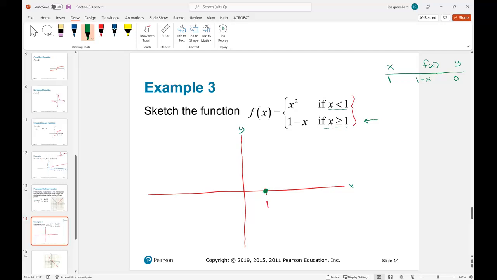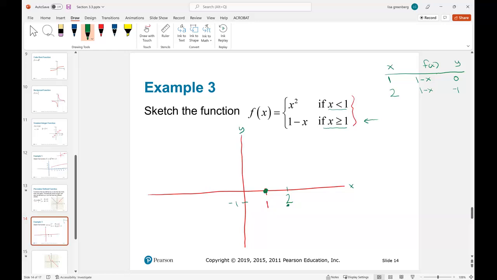When x equals 2, I still use 1 minus x. So when x equals 2, I get negative 1. So there's my other point.